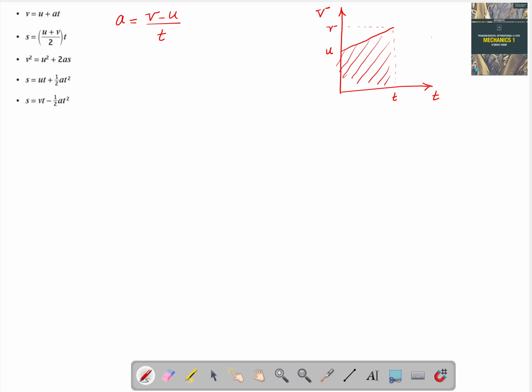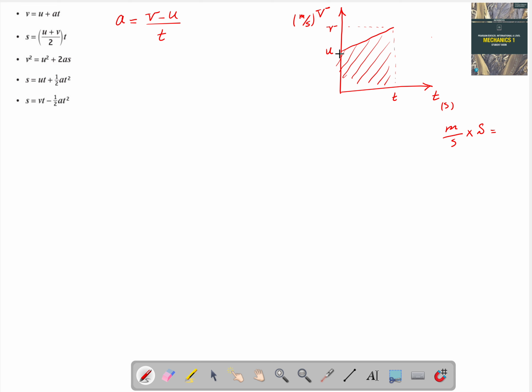Why? Look, for example, if our unit of velocity is meter per second and unit of time is second, if you find the area under the graph, the unit will be meter per second, for example, this length u, multiplied by this length, which is time. So the rectangle area will be meter per second multiplied by second.